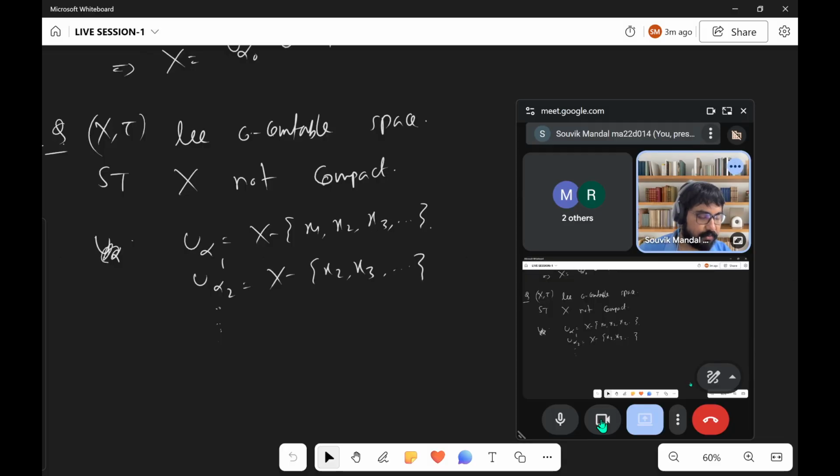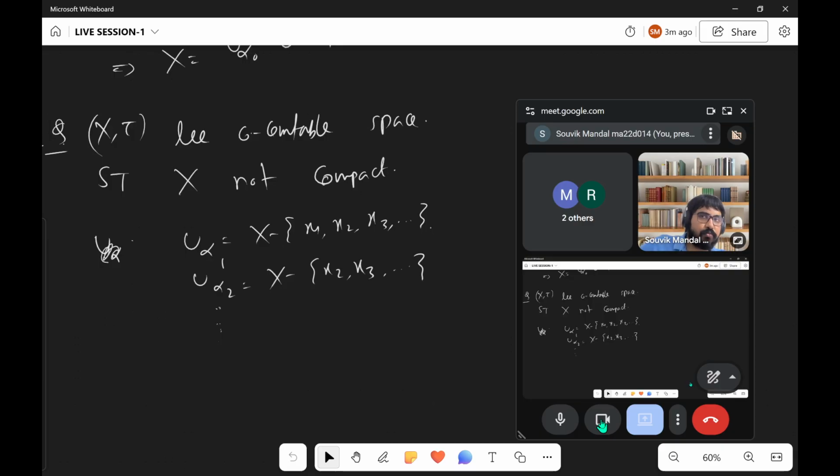No, no, what does the countable argument have to do here? X can be countable also, right? Yes, X can be countable, but we are not able to get a finite subcover. For compactness, we need a finite subcover.